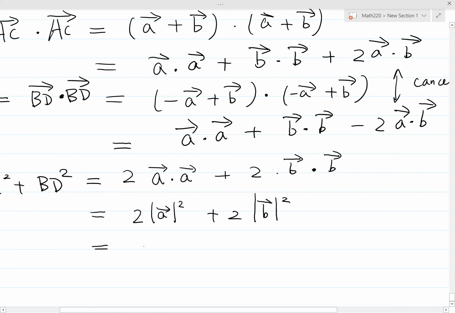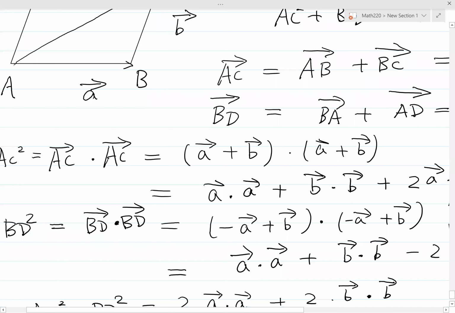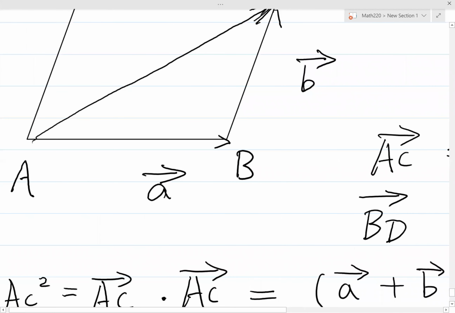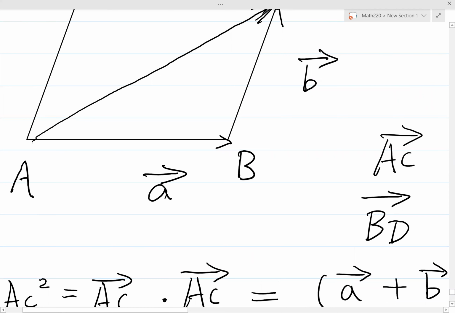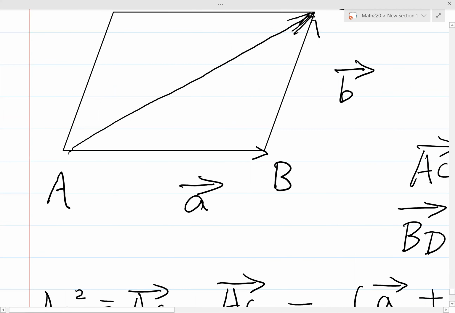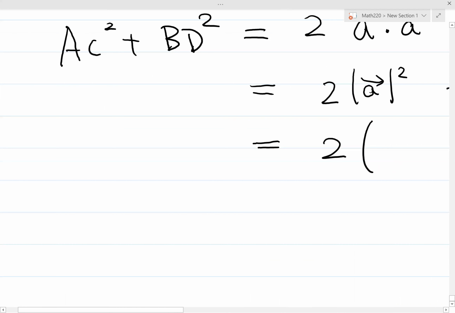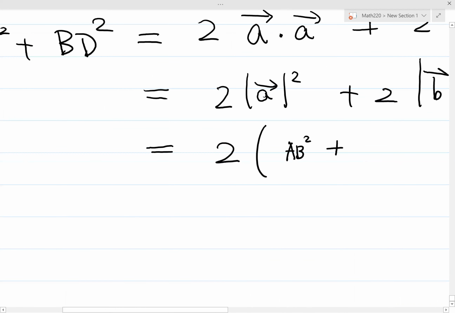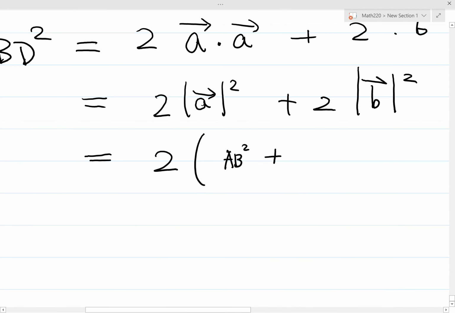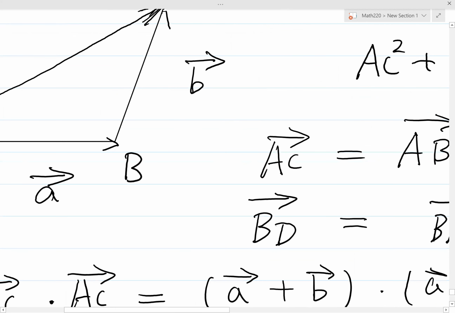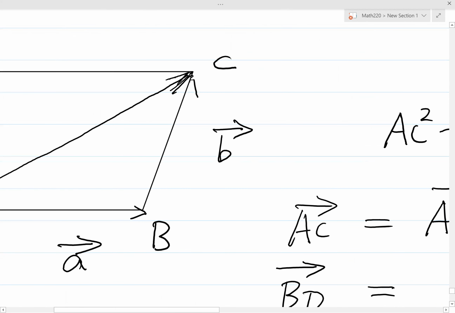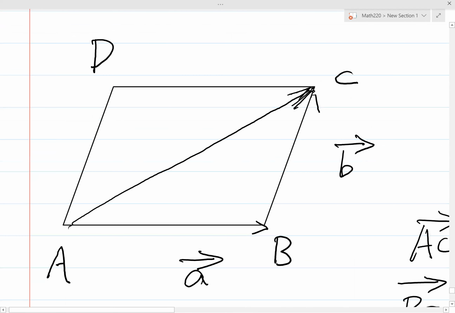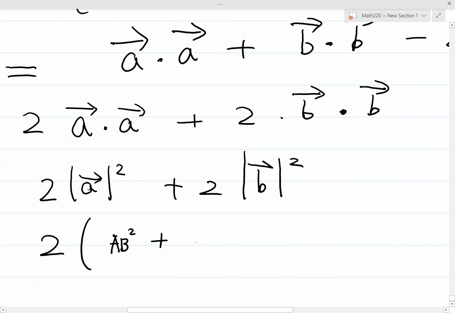If you factor out the 2, the norm of little a is the norm of the vector AB, so this is AB squared. The magnitude of the vector B is BC or AD, which are congruent. So this is AB squared plus AD squared. Okay, then we are done.